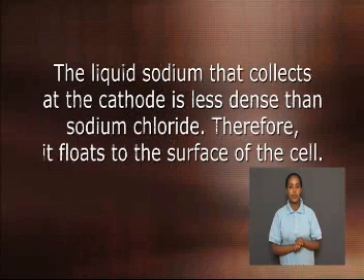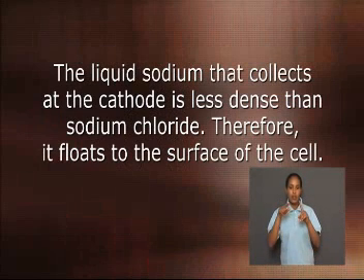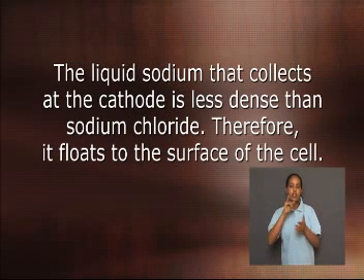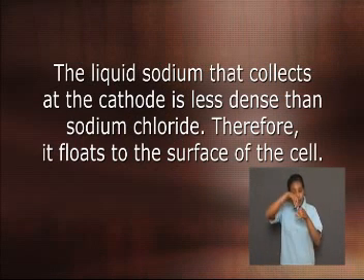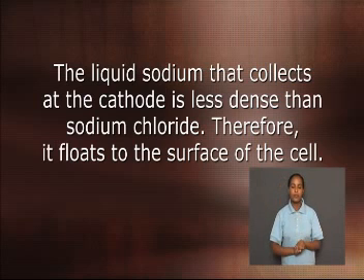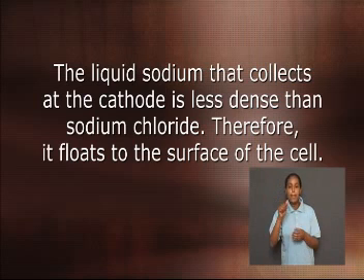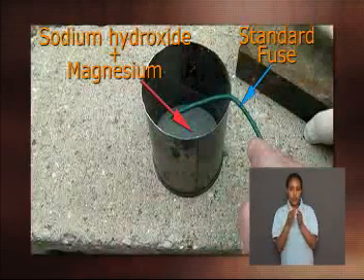Hello again, students. The liquid sodium metal that forms at the cathode is less dense than the sodium chloride that is also inside the Downs cell. As a result, the liquid sodium metal floats to the surface of the cell. It is then collected.